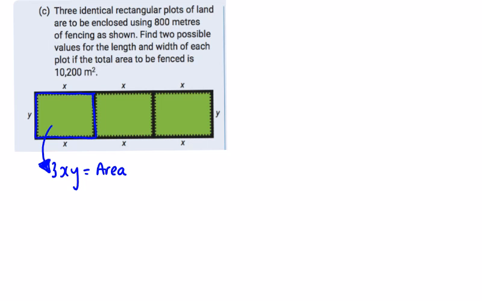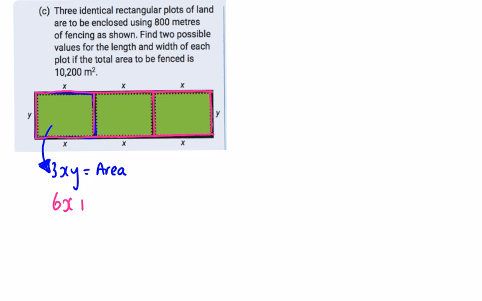And then we'll be dealing with perimeter. So we have x, x, x. And then we have another three of them, so we have 6x. And we have y and y if it was just one big long shape, but we have another two fences that need to go in here.